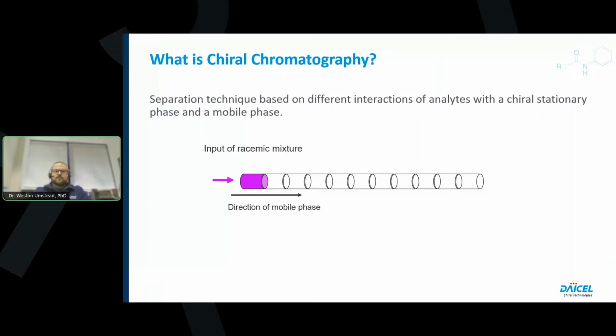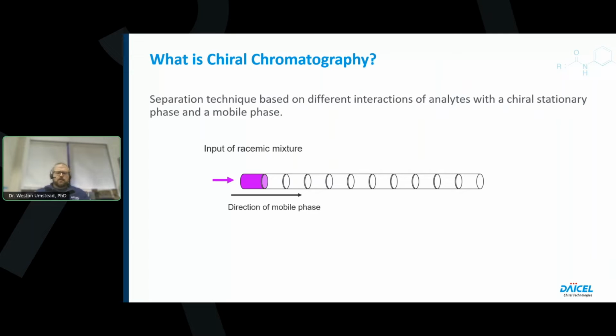The only subtle difference here is now I've said chiral stationary phase instead of just stationary phase, because we have to talk about a stationary phase that is using things other than just differences in, let's say, polarity. Geometric orientation in space and chemical properties are the same, so we have to modify our stationary phase to now exploit the difference in chirality that we're seeing in these molecules.